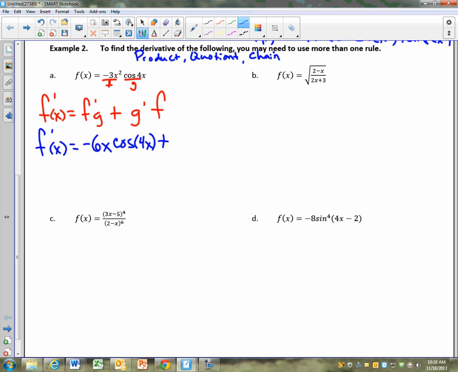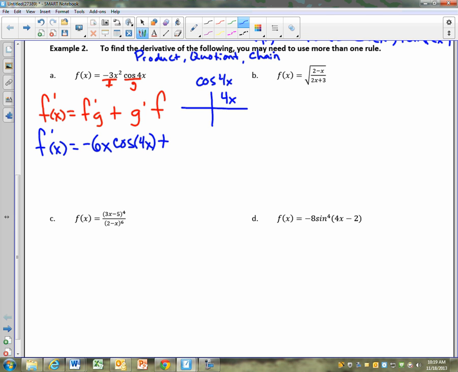g prime. Oh boy. When I do g prime, then I have to use the chain rule. When you take the derivative of cosine 4x, you have to use the chain rule. Okay. So what goes here?